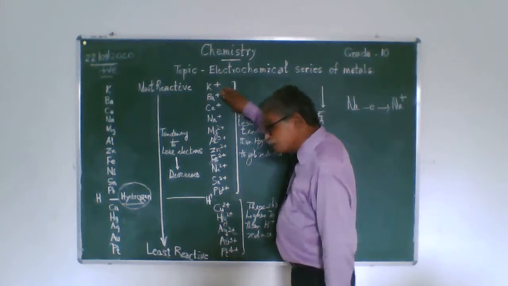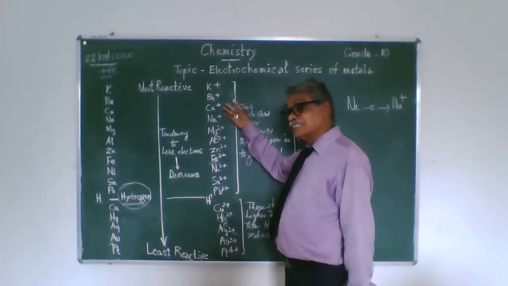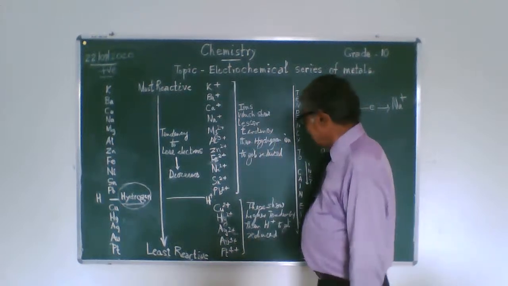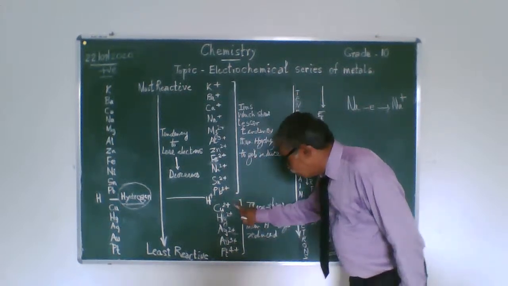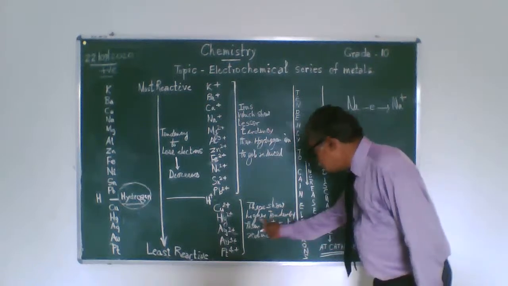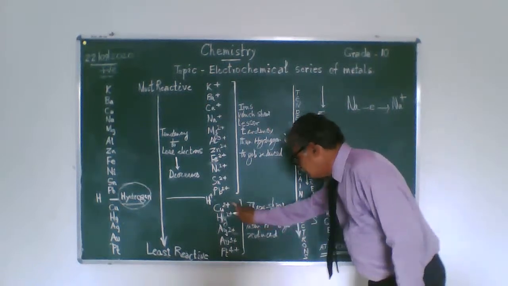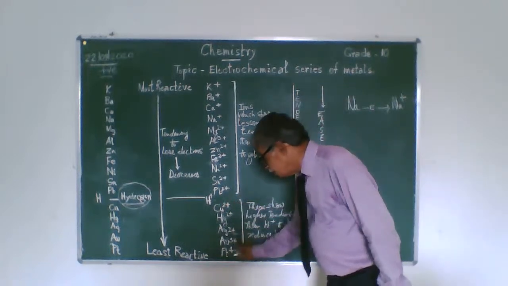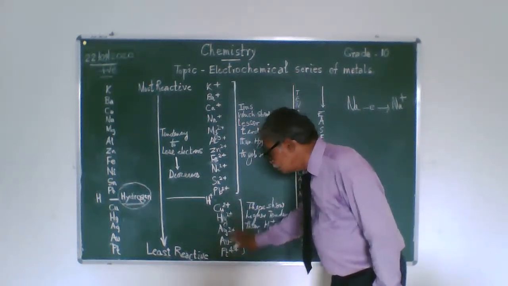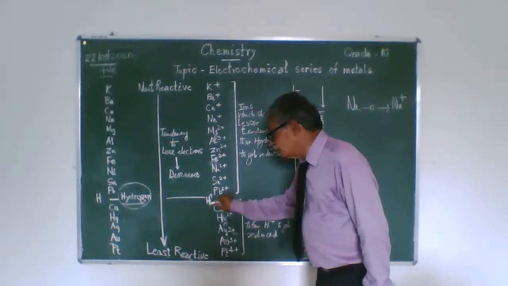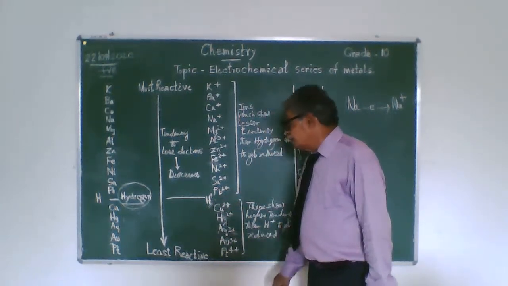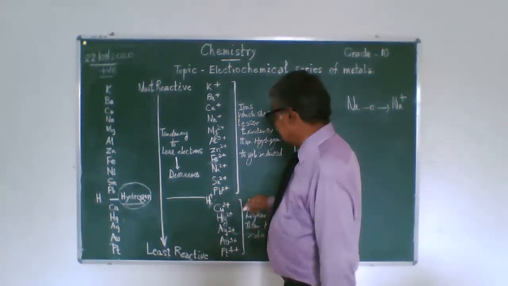And here I have given copper to platinum. These show higher tendency than hydrogen to get reduced. These will get reduced faster than hydrogen.